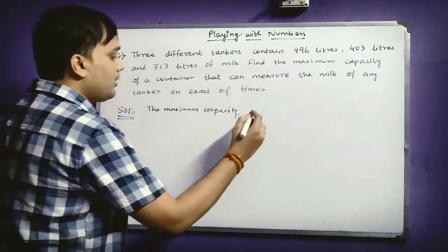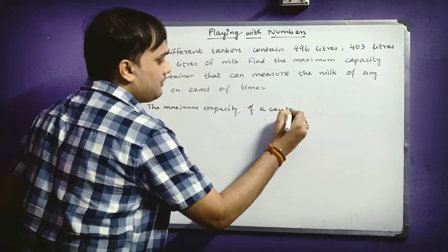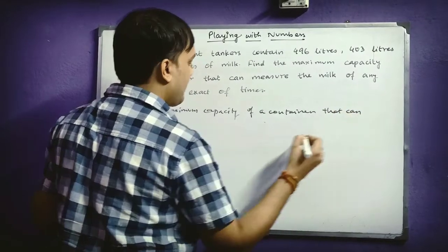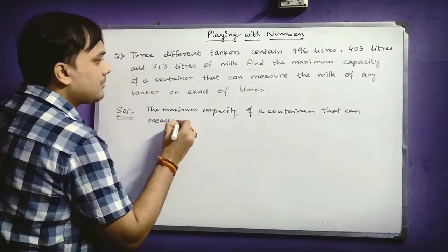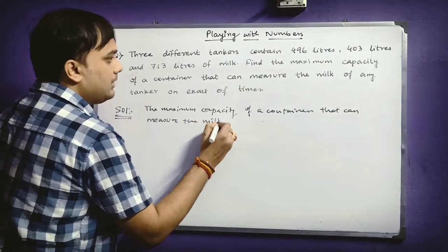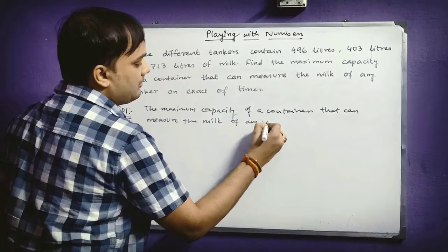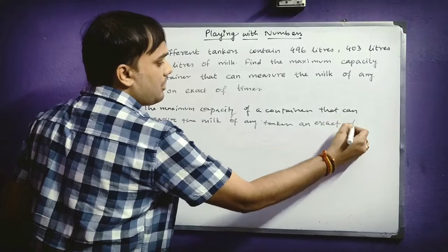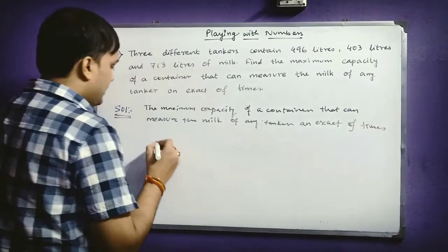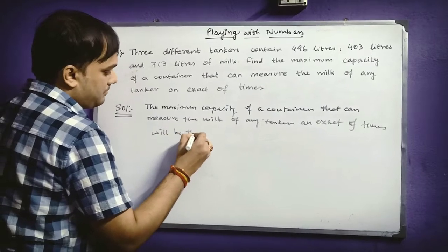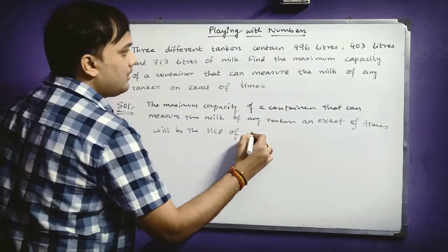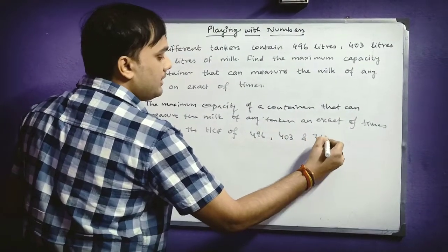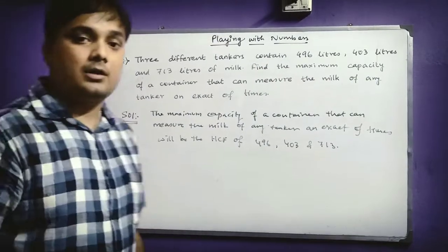The maximum capacity of a container that can measure the milk of any tanker an exact number of times will be the HCF of 496, 403 and 713. So students, as I said before, if you come across bigger numbers, you go by the division method.